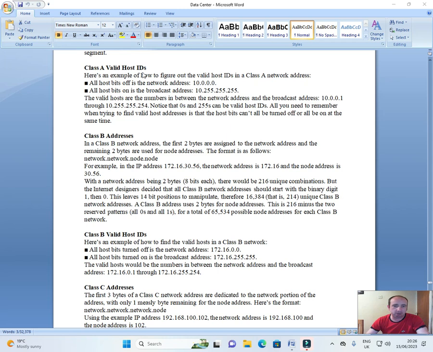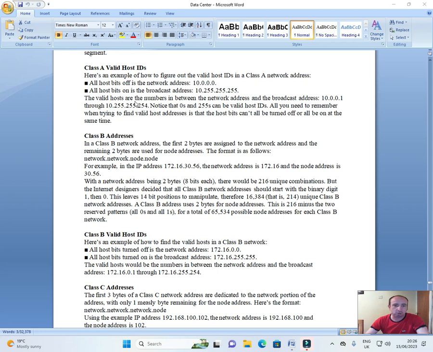Class A valid host IDs. Here's an example of how to figure out the valid host IDs in a Class A network address. All host bits off is the network address, 10.0.0.0. All host bits on is the broadcast address, 10.255.255.255.